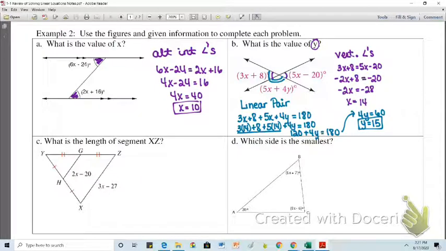Okay, on to letter C. You'll notice G is the midpoint of line YZ, and H is the midpoint of YX. Therefore, HG, this line right here, is what we call a mid-segment.